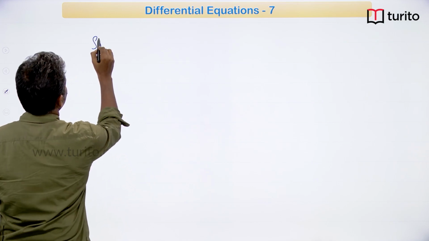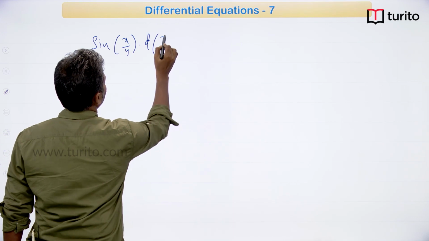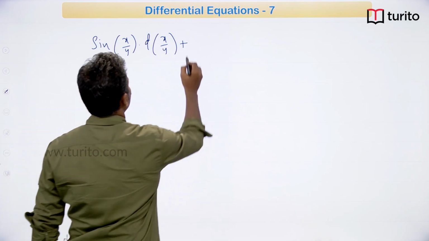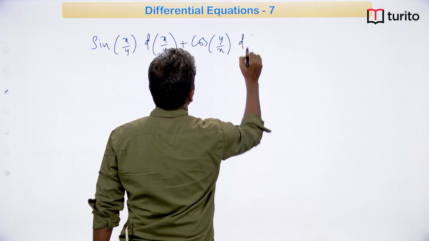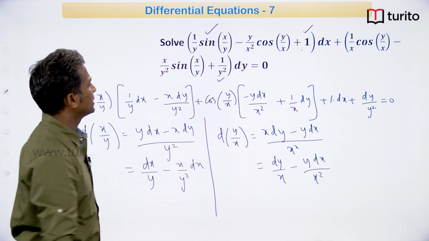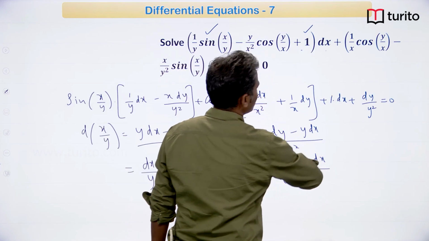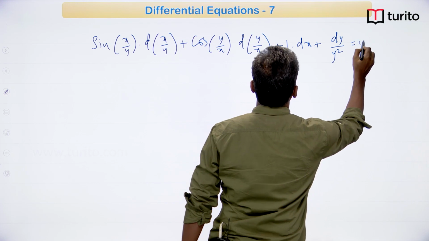So we are basically getting sin of x by y into d of x by y plus cos of y by x into d of y by x. And what else? Plus 1 into dx plus dy by y square is equal to 0.